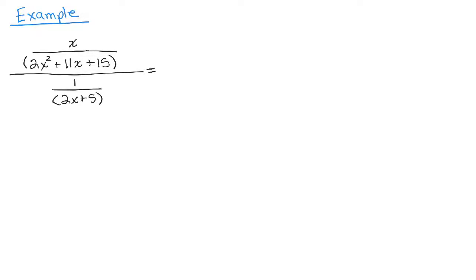So that means I've got the whole numerator divided by the whole denominator. And I'm going to do this in one step. I'm going to write that as what's in the numerator, which is the x over 2x squared plus 11x plus 15. And instead of writing divided by this, I'm going to go ahead and multiply it by the reciprocal in the first step.